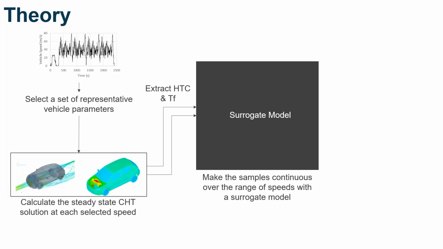You can think of a surrogate model as a really, really nice interpolation model. And all it's doing is taking these discrete values that were at each representation or each selected parameter point, which is broadly referred to as a sample point, and then finds a way to make those continuous so that we take, say, 5 to 10 sample points, and then we can characterize the entire drive cycle.